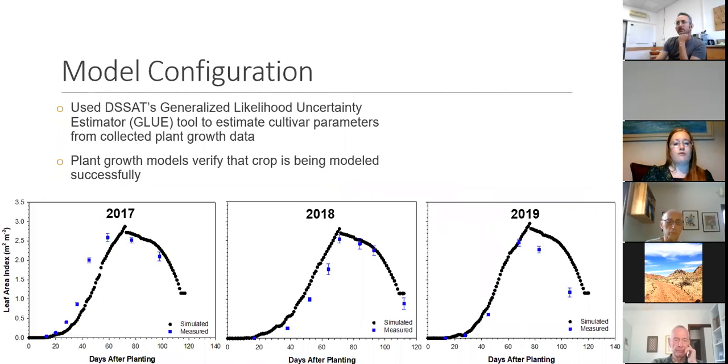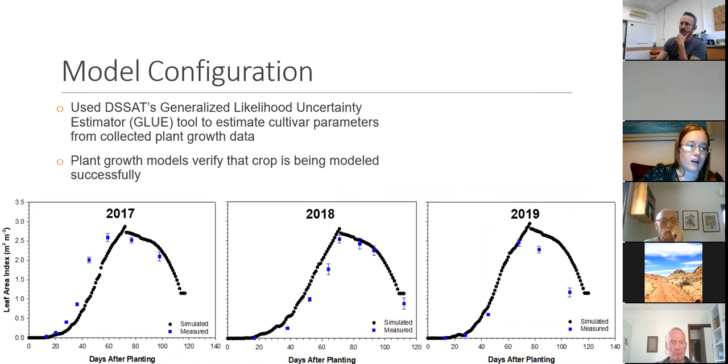So the next step for us was to simulate some of the phenological properties of the crop. This can give us an idea of how well DSAT's doing, and it also allows us to configure the cultivar parameters, which are some of the genetic crop parameters that DSAT uses. And to do this, we use our collected growth data.